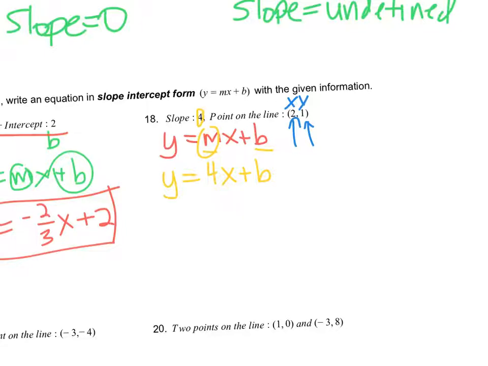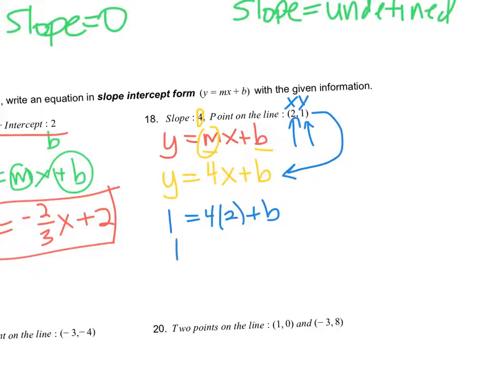So I'm going to plug in 2 for x and 1 for y into this equation. I'll rewrite it rather than do it that way, because that's kind of confusing. So y is 1, x is 2, and then solve this for b to find the last thing I needed to know to write this equation in slope-intercept form.